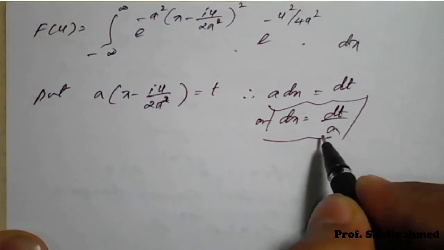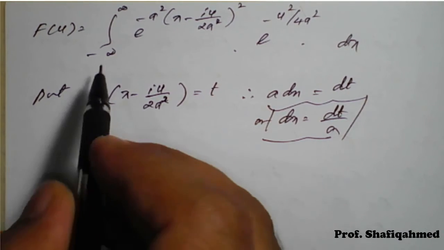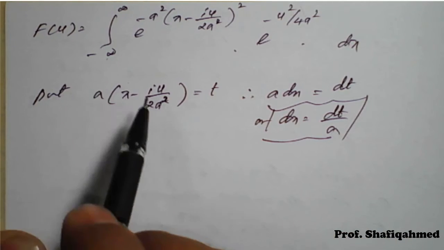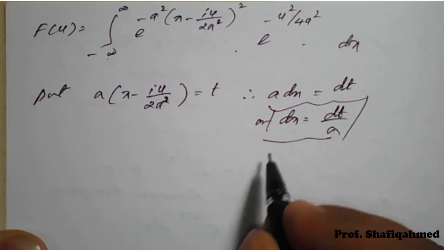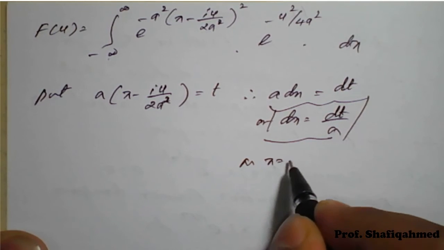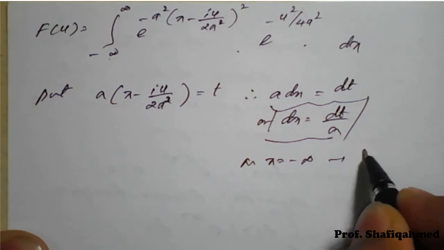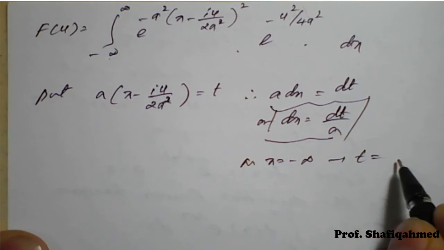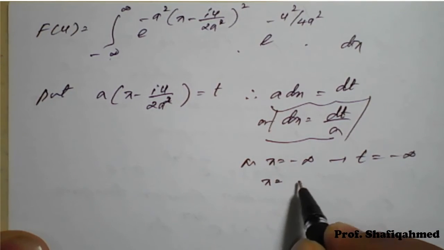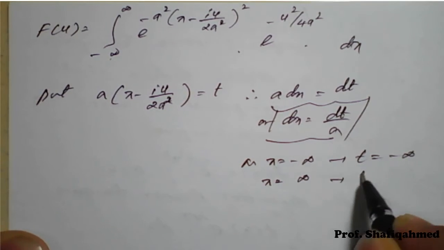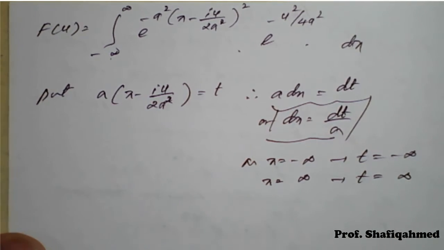We need to remember the limits. When x is minus infinity, t is also minus infinity. As x is equal to plus infinity, t will also become plus infinity.